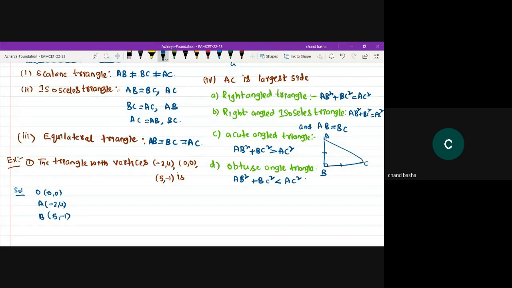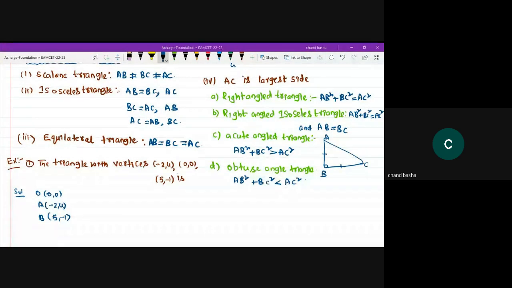You can find out the length of the sides. I'll give the options: right angle triangle, obtuse angle triangle, acute angle triangle, isosceles triangle.